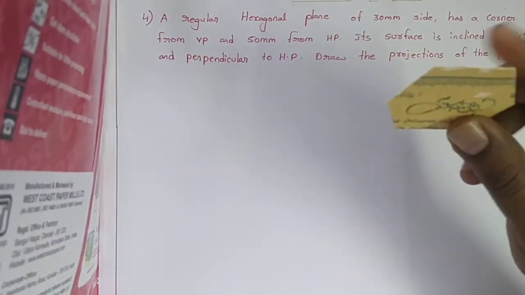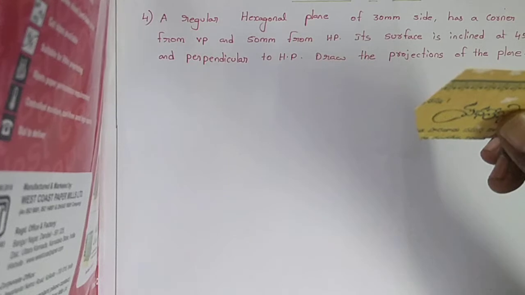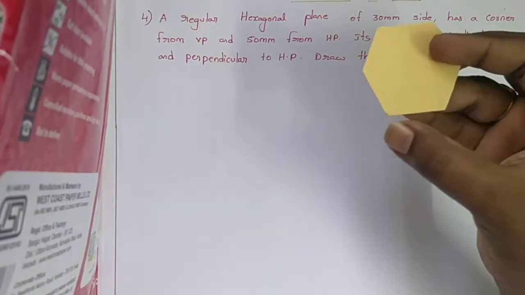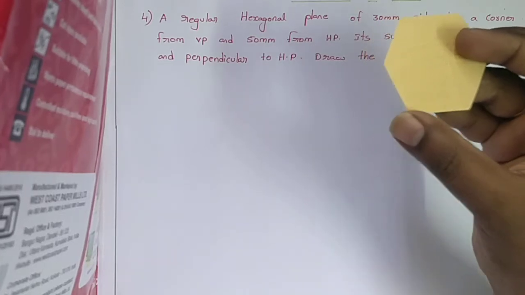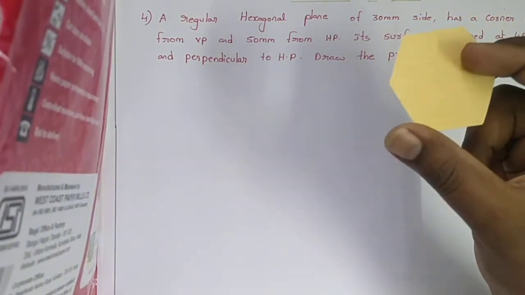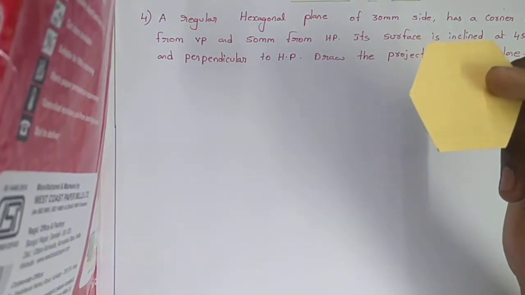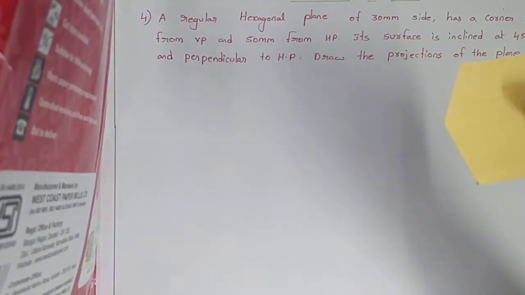Now the surface is inclined at 45 degrees to VP. This point is 20 mm in front of VP and 50 mm from HP, and the surface is making an angle of 45 degrees to VP.